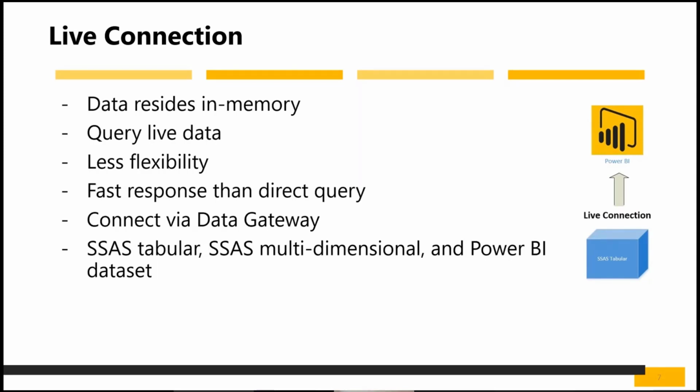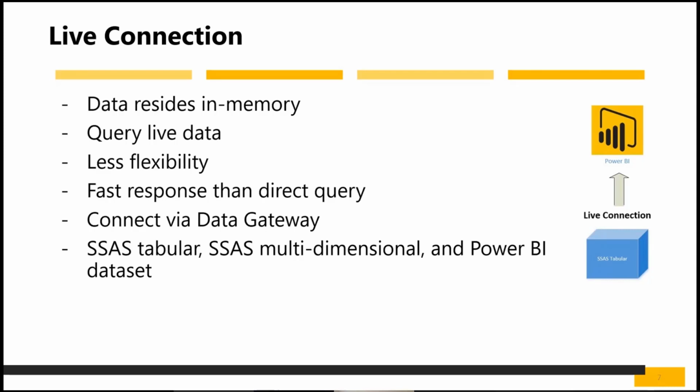And the third one is the live connection. With live connections, we are mainly using SSAS Tabular, SSAS Multidimensional, and Power BI datasets. It resides in memory, and we are querying the live data.